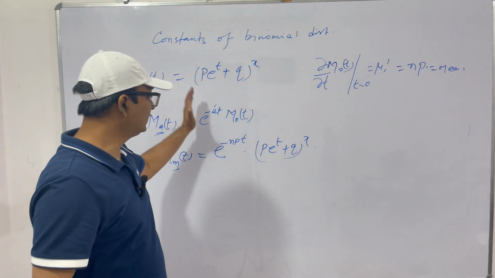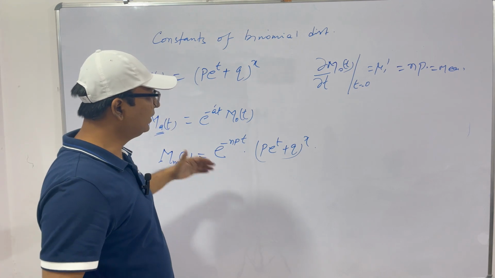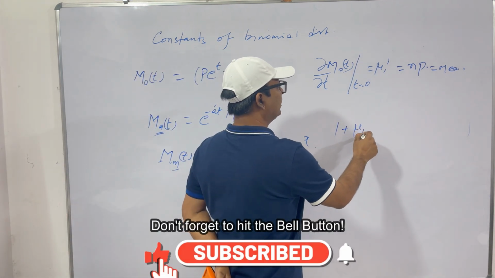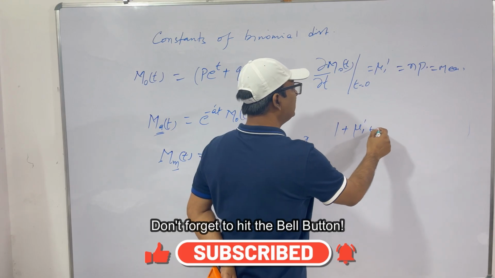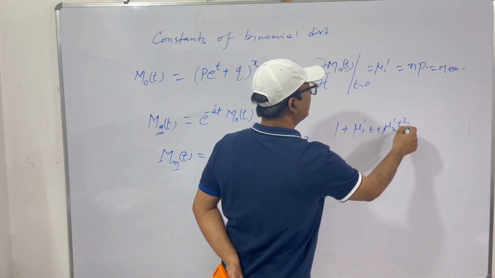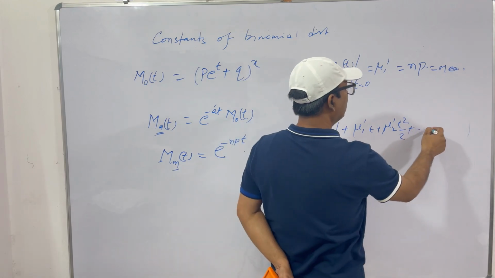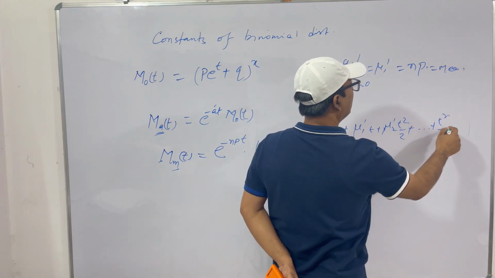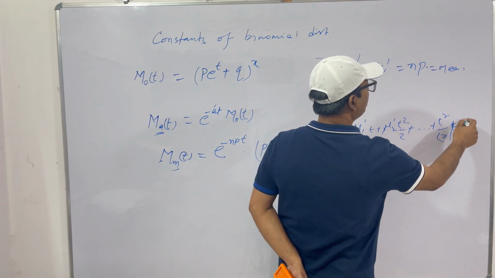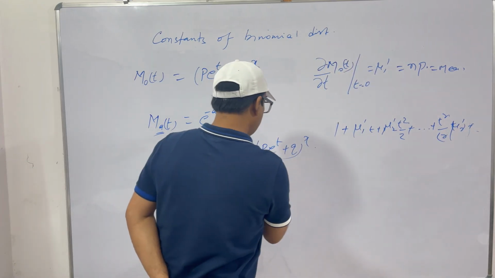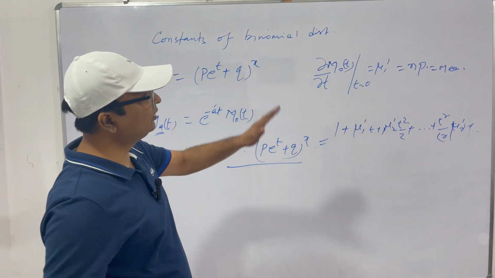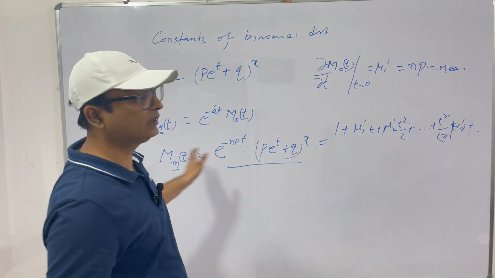Now we can expand this, and we had seen the expansion was 1 plus mu1 dash t plus mu2 dash t square by 2 factorial, and similarly t to the power r by factorial r times mu r dash, and so on. So if you expand this part and equate it with this, you will get the values of mu1 dash, mu2 dash, and everything.